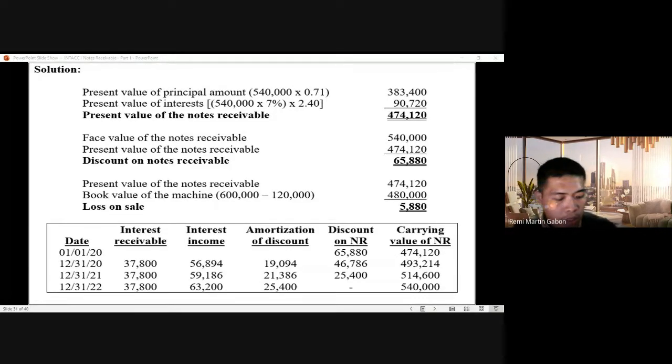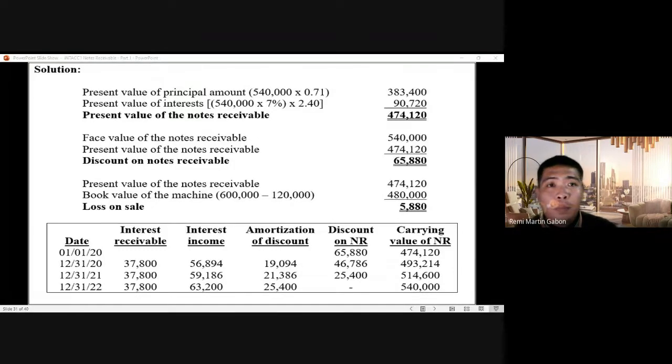Because if we continue 514,600 times 12%, we will not get the 63,200 in the interest income column. So what will we do? To arrive at exactly 540,000, we need to adjust the last figures. Advisably adjust the last figures, because we cannot avoid rounding off of figures because of the discounting we did.